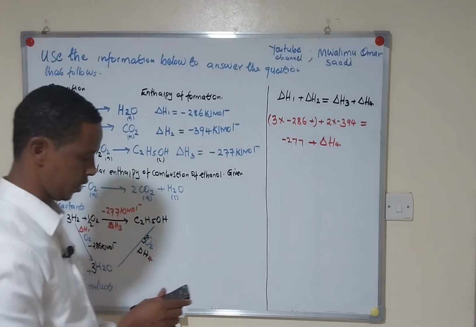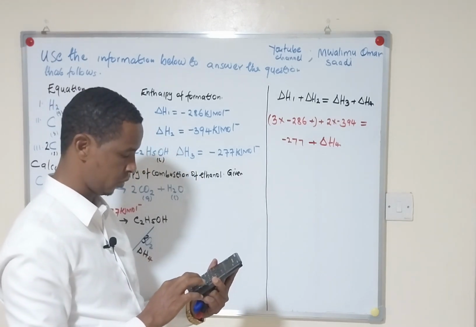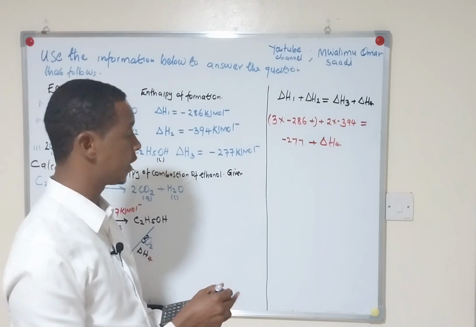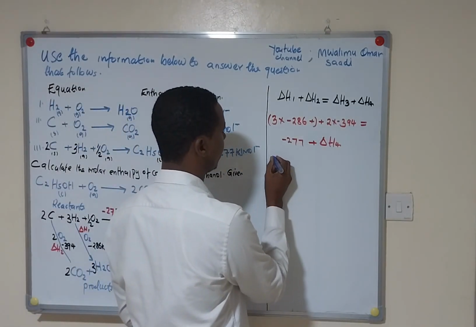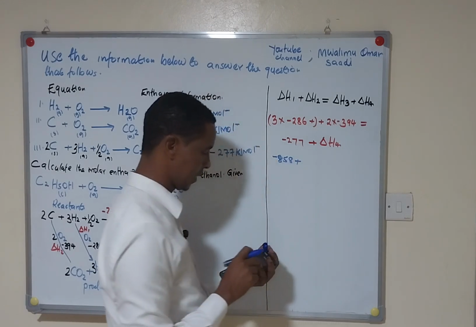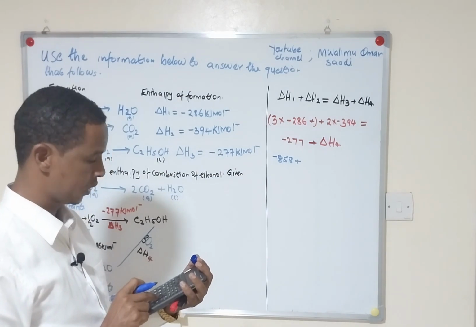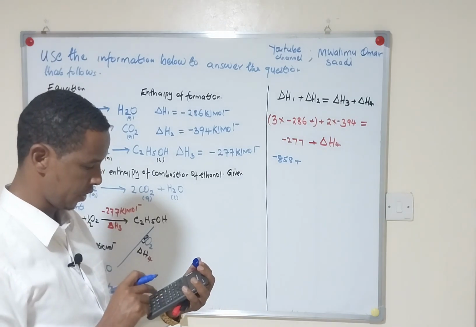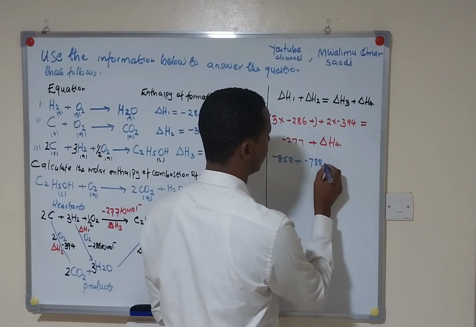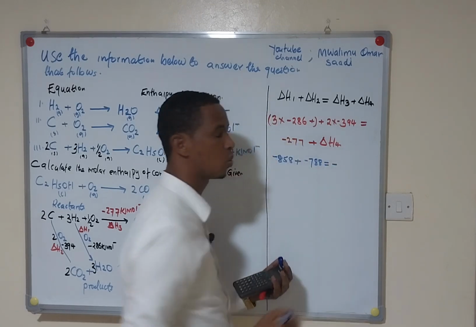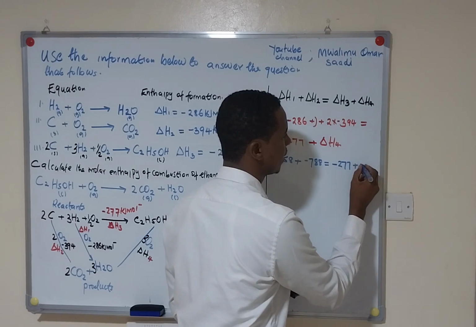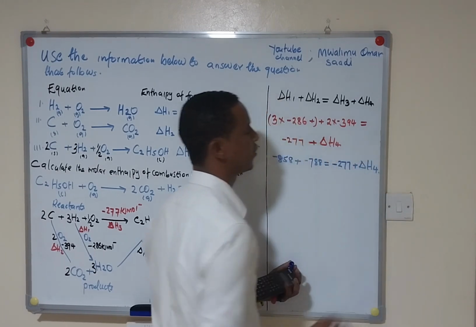Multiply 3 times negative 286, that is negative 858 kilojoules per mole, plus 2 times negative 394, negative 788 kilojoules per mole, is equal to negative 277 plus delta H4.